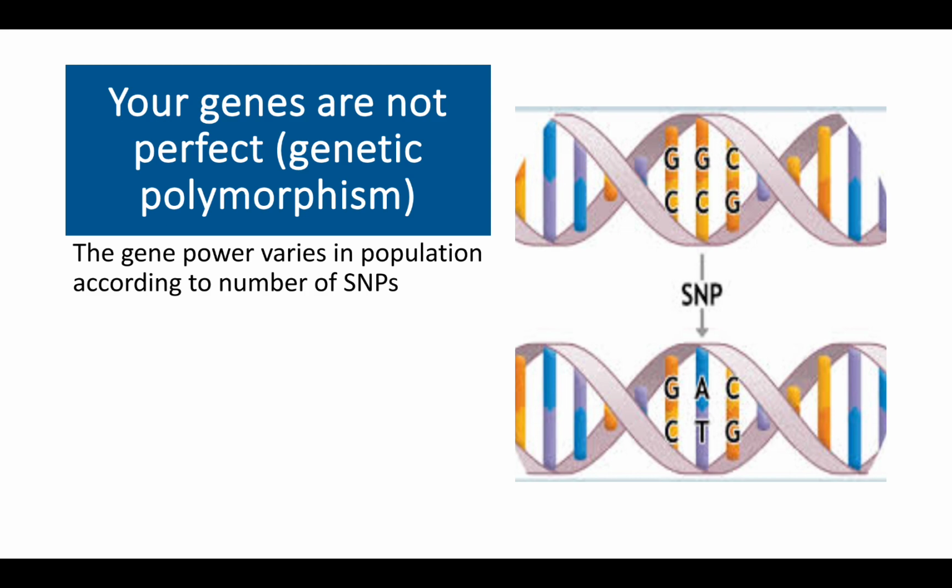The gene consists of four bases. These bases are A and T and C and G. Only four. Always the C binds to G, and always the A binds to T. And this one is the phosphate backbone of the chromosome.